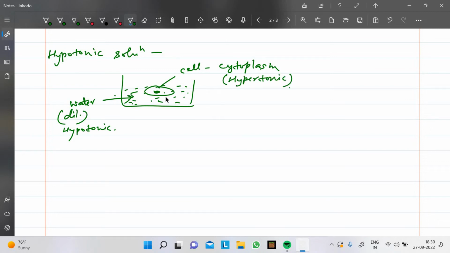So now the energy of the water molecule, or solvent, is more, and the energy inside the cell is less, the water potential is less, so water will start moving inside the cell and the cell swells up.